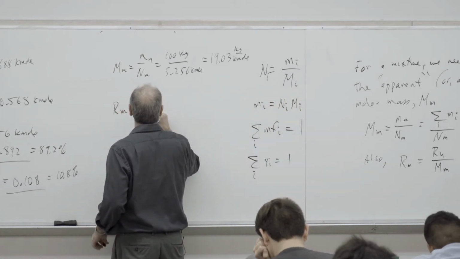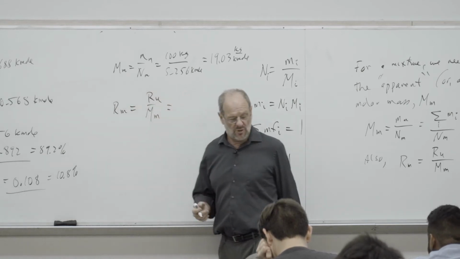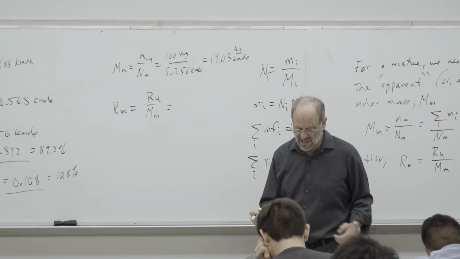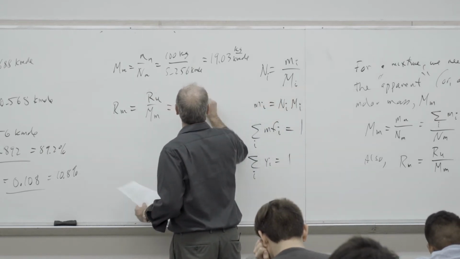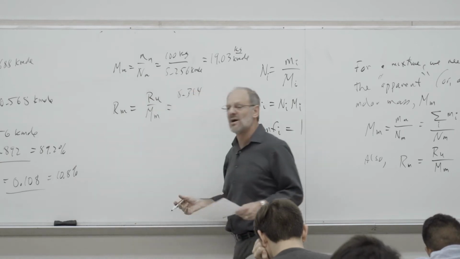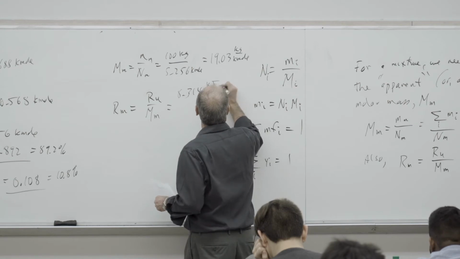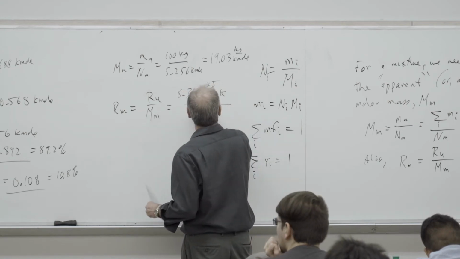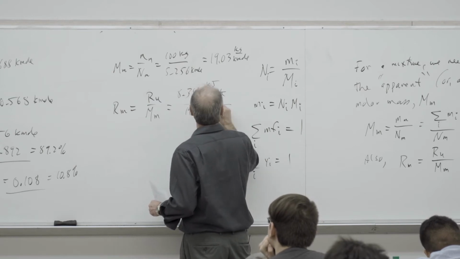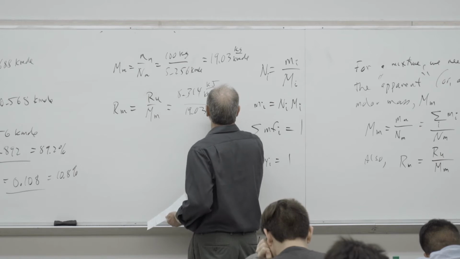We just divide our universal gas constant by the molar mass. So, of course, we're going to have to go into the inside back cover of our textbook and find the appropriate value of the universal gas constant using the proper units. This is just 8.314 kilojoules per kilomole per Kelvin. And the molar mass is 19.03 kilograms per kilomole.